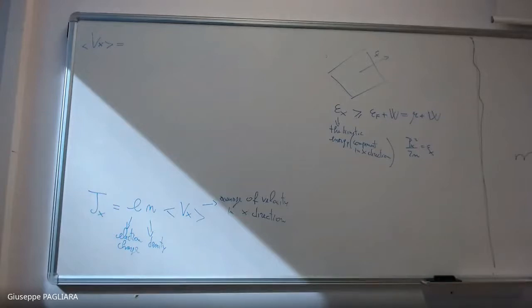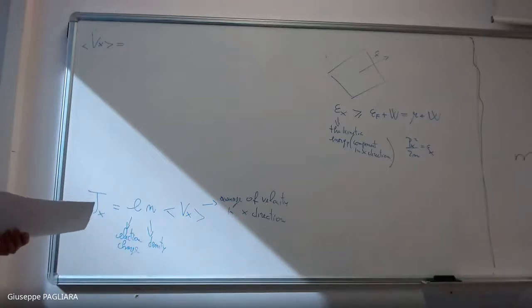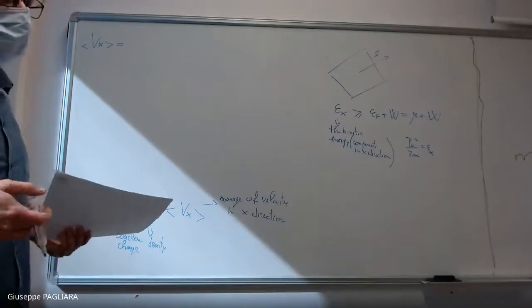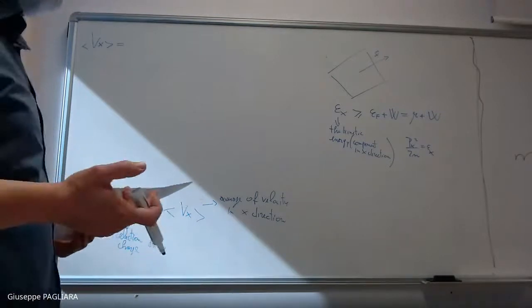As in the Maxwell-Boltzmann distribution, I have to compute the averages. I have to take the distribution, which is e to the minus beta epsilon, times the quantity for which I want to compute the average. So here it is going to work in the same way. The only difference is that we have a Fermi-Dirac distribution.